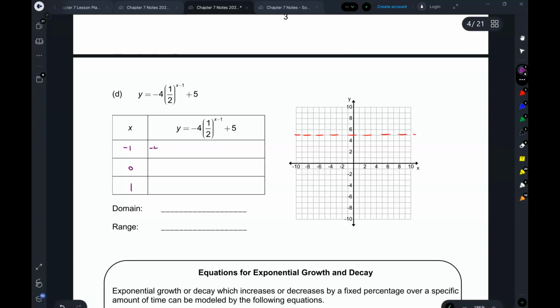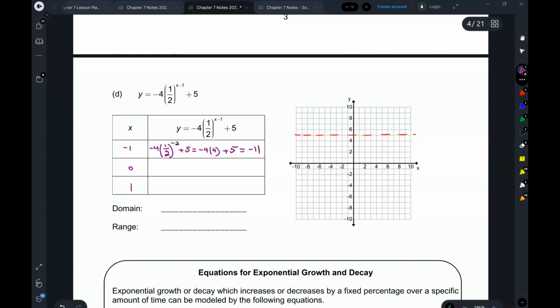So this is going to be negative 4 times 1/2 to the power of negative 2, plus 5. So negative 4 times 2 squared, 4, plus 5. Is that right? Yes?